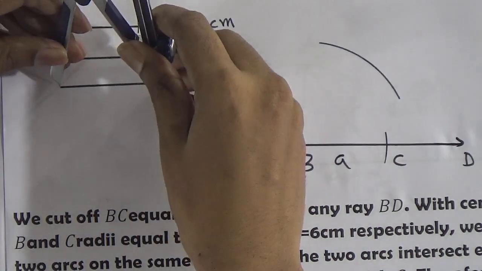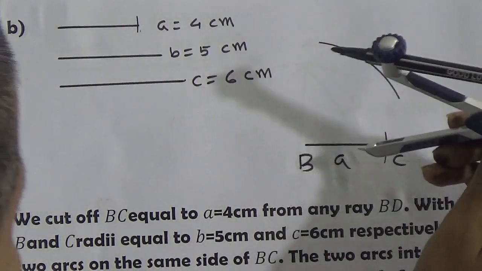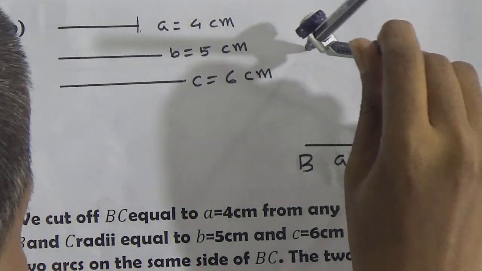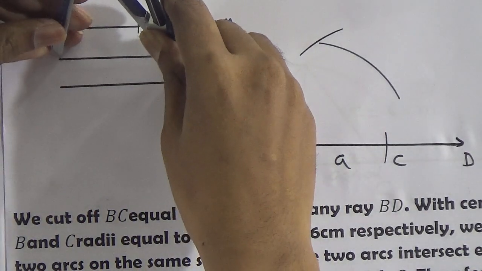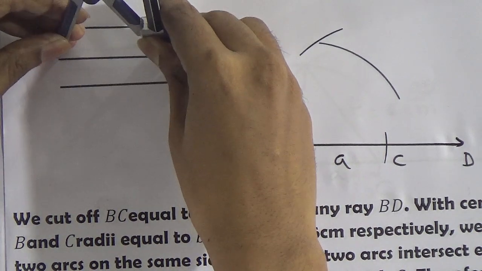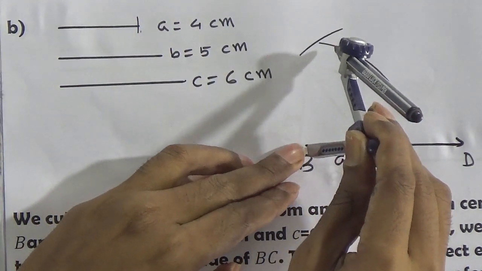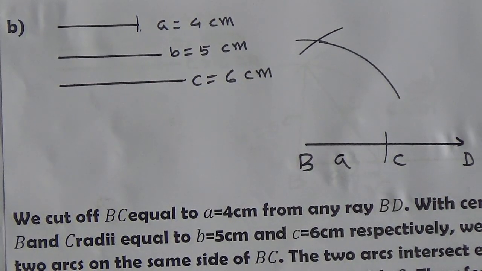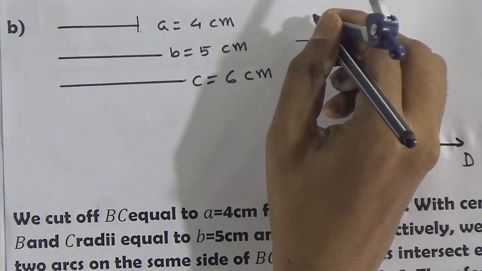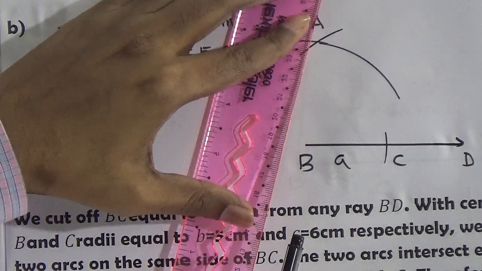Okay. Now the two arcs intersect at the point A. Now join AB and AC like this way.